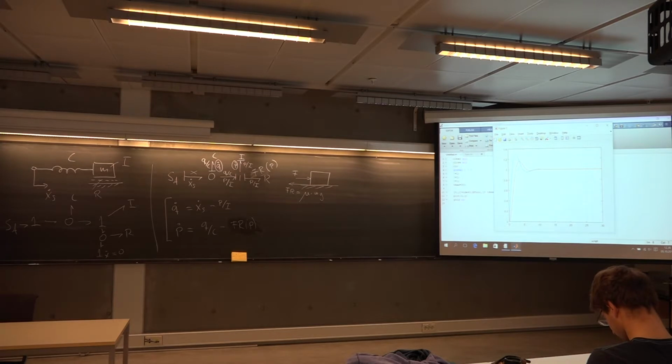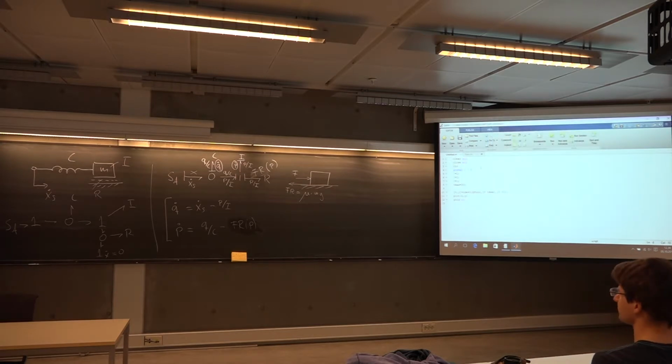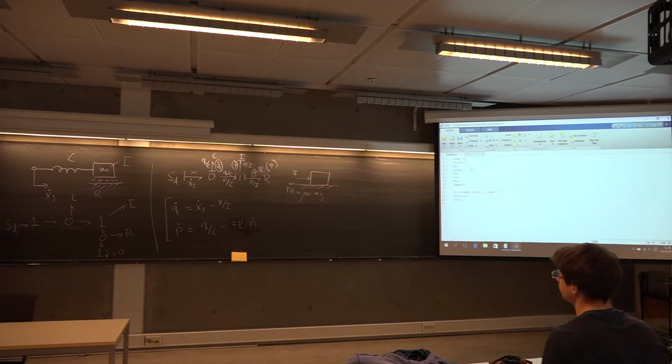So let's try to change this program. I remove the resistance. I don't need that one anymore, but I need a mu mg, of course. And then resistance we don't need, mu mg instead. So what now in my function? Mu mg.